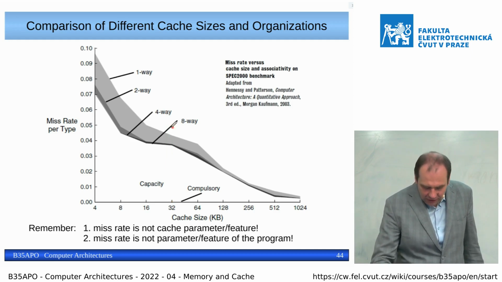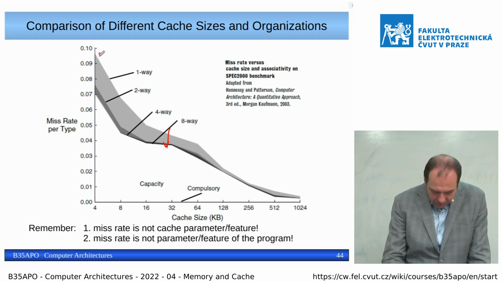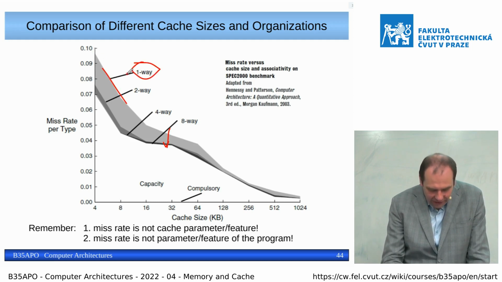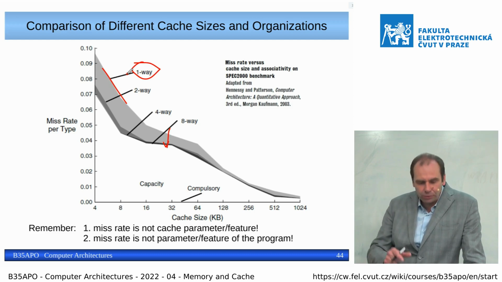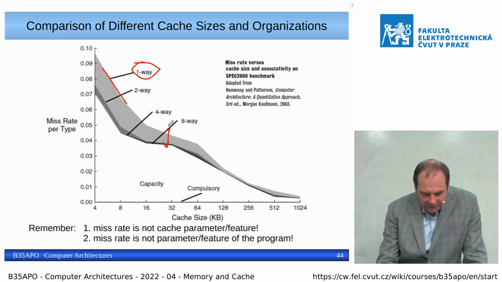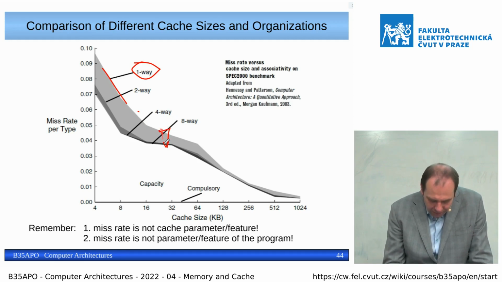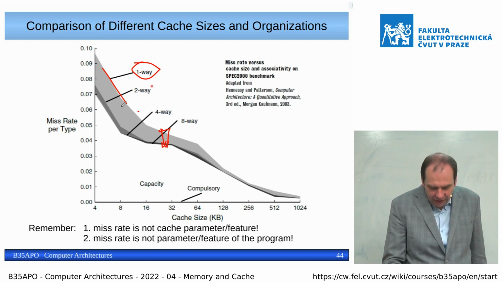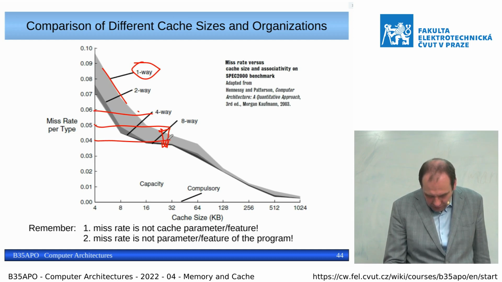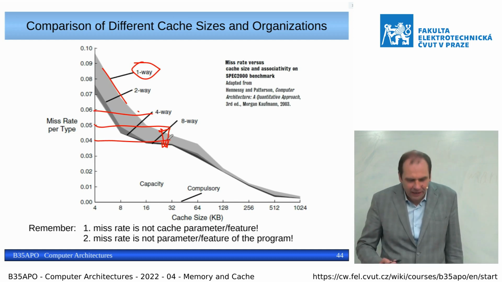You see that by switching from direct mapped, which means that we have only one block in the set which can be used for a given data, we have a relatively much higher miss rate, so we probably want to go at least to two-way associative, because if you look somewhere here, we get something like a 20% speed up.